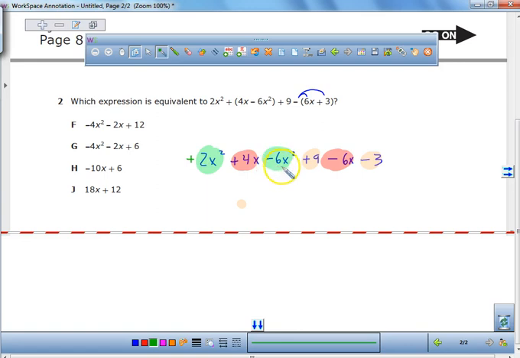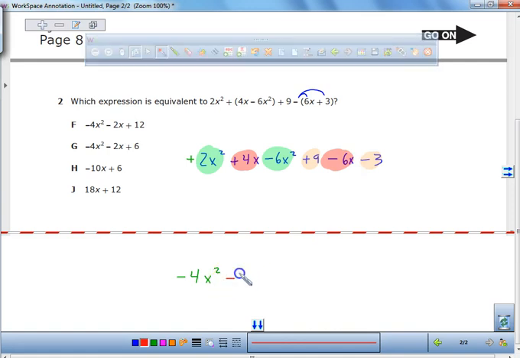And I have 6 negative x squared, so that's going to make it a total of negative 4x squared. Here, I have 4 x's, and I'm taking away 6 x's. So that's going to make it negative 2x. And here we have a 9 minus a 3, and 9 minus 3 is a total of 6. So just combining our like terms, what is our answer?